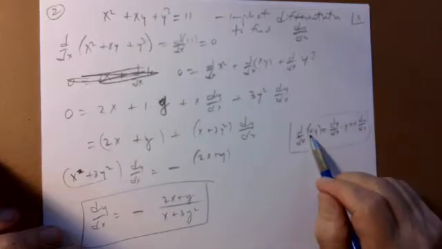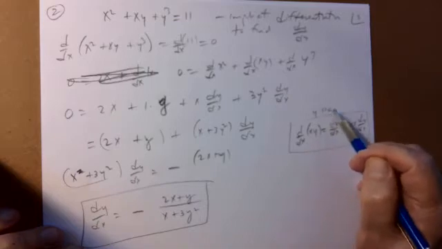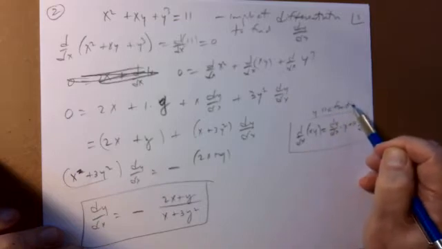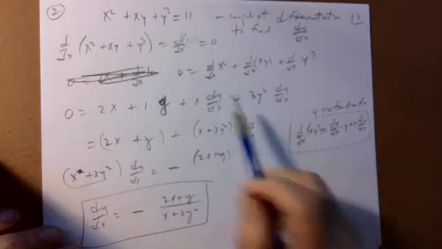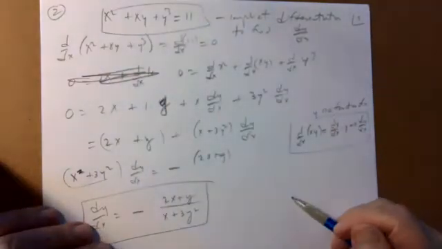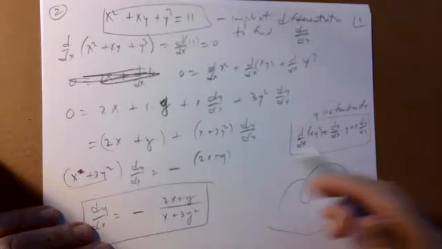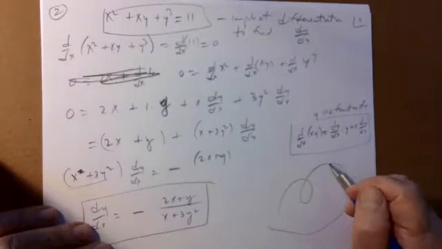This is just the product rule. But y is some function of x. That is, the whole idea is if you have a polynomial like that, the set of points in the plane that satisfy this equation is some curve.